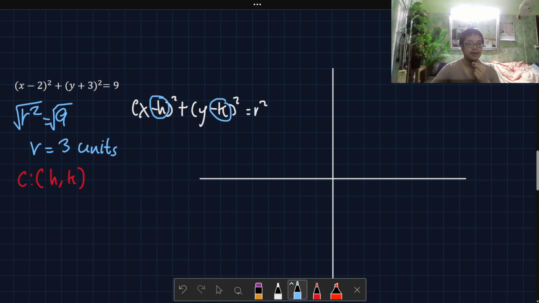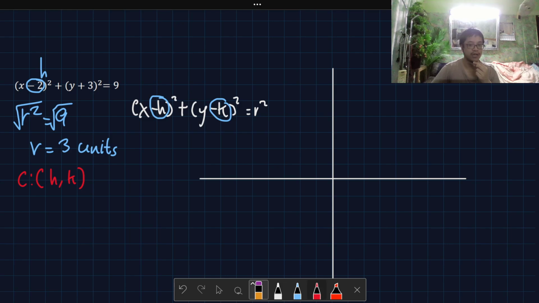Whatever number you have beside x and beside y, just change the sign. You see this negative 2? Your h is located here, beside x. So all you need to do is change the sign, so instead of negative 2, you will have positive 2.